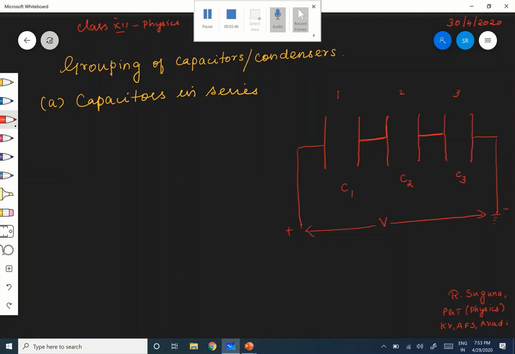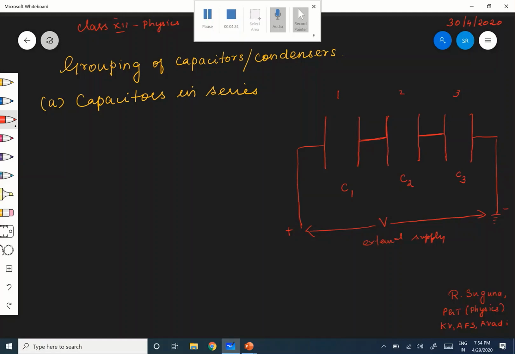Let Q units of charge be given to the left plate of the first capacitor. This is the external source, the external supply. Once I connect the left plate of the first capacitor to the positive of the supply, it acquires positive charge, plus Q units.